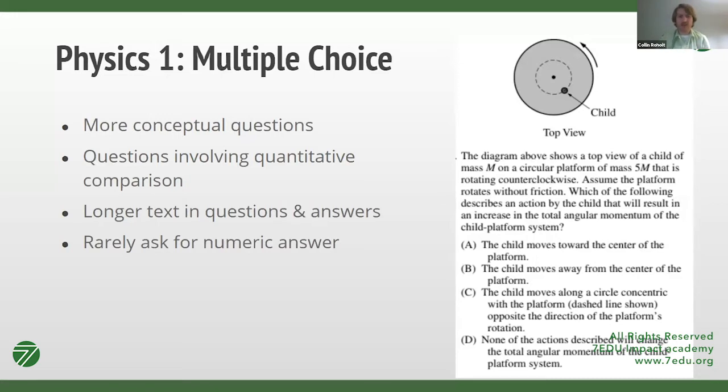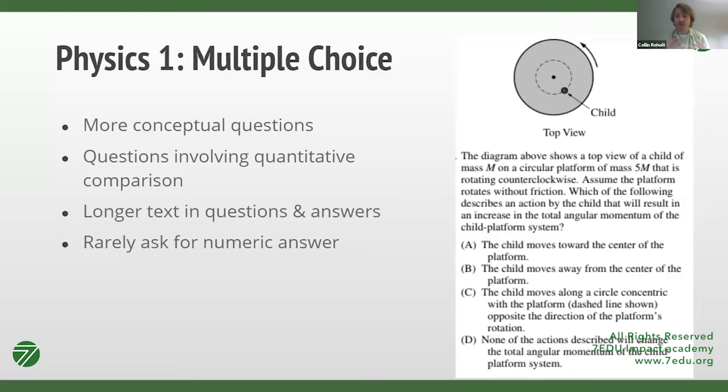But as you can tell in physics, for those who are looking at their test for next year, this is a very typical Physics 1 question. It has a very long prompt, and each of the answers is between a short sentence and a long sentence.